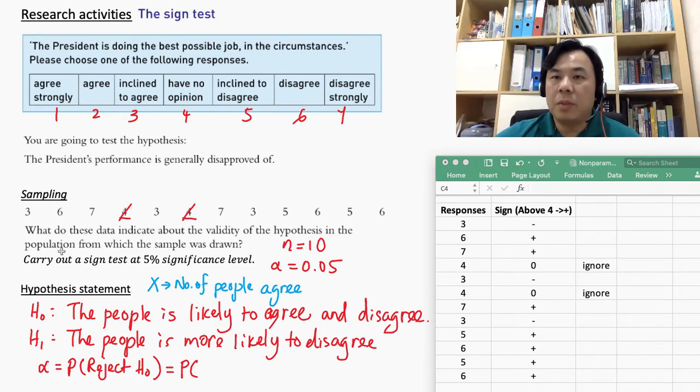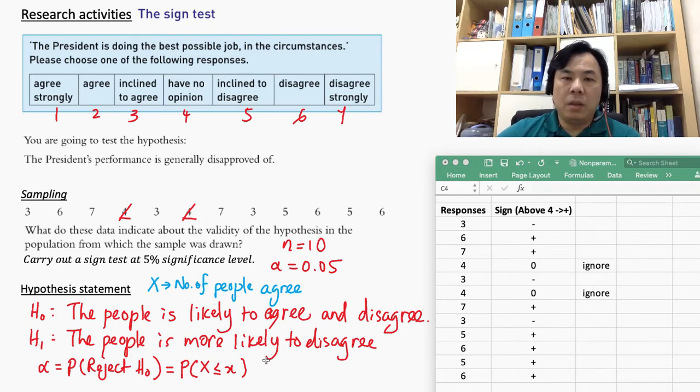So if X represents the number of people that agree with the statement, therefore our alpha in this case would be P(X less than or equal to x). So what we are trying to find is the number of people that agree to be as small as possible for us to be able to reject the null hypothesis.